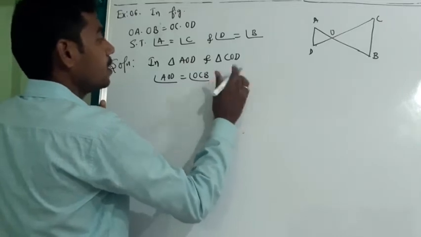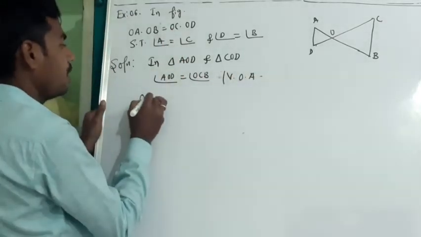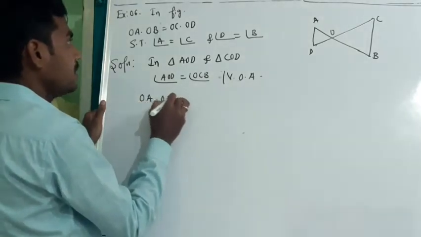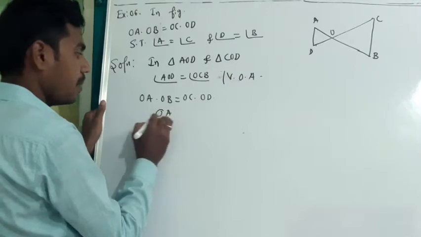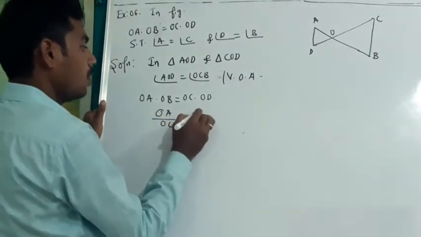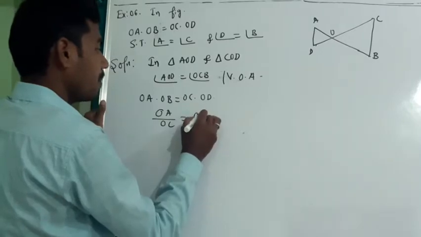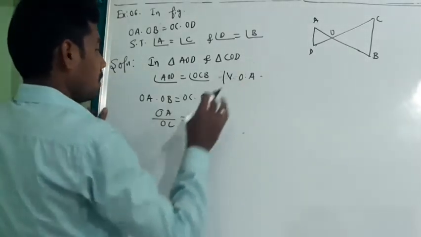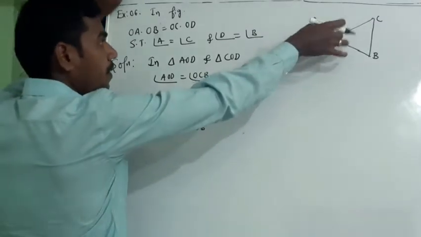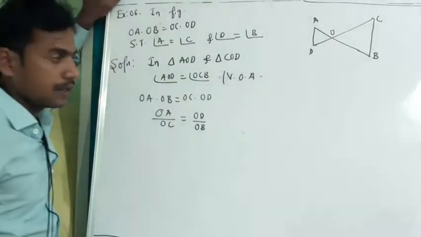The reason is vertically opposite angles. And it is given that OA into OB is equal to OC into OD, or else it can be written as OA divided by OC is equal to OD divided by OB.